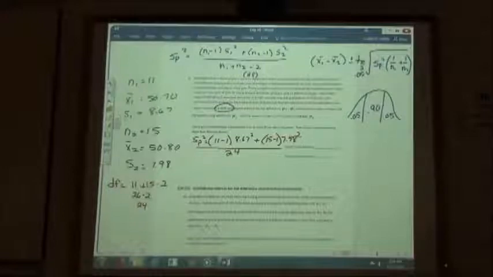And you can either use the ALEKS calculator for that or your regular calculator since we don't have any of the t stuff. But if you calculate that out, we're going to carry that out to 3 decimal places.